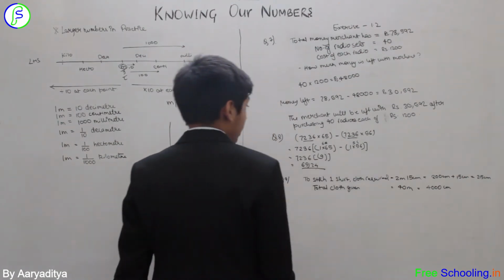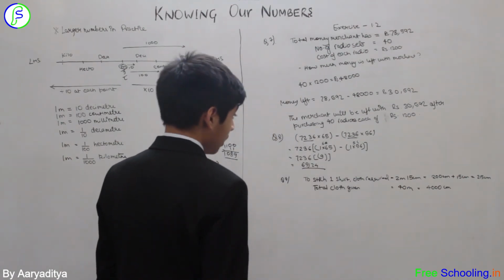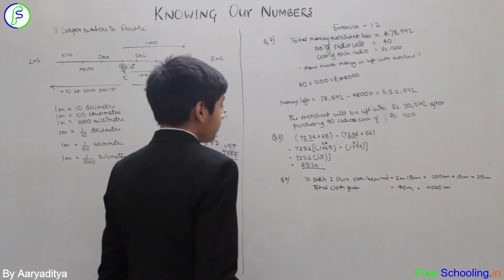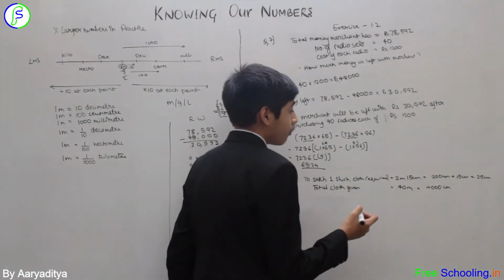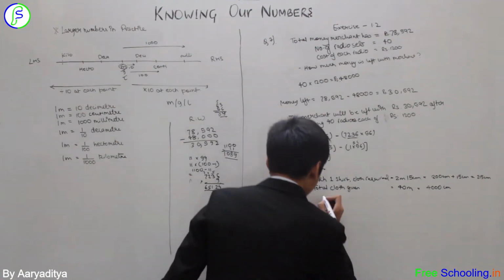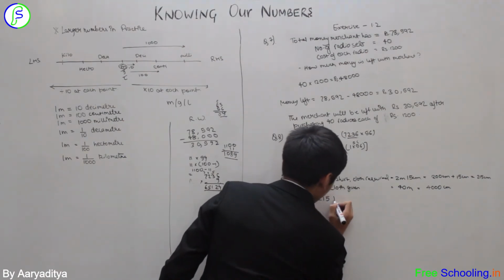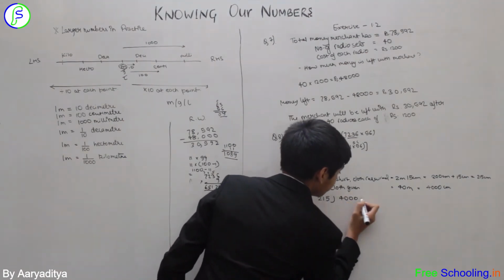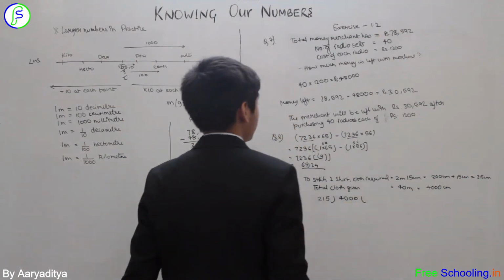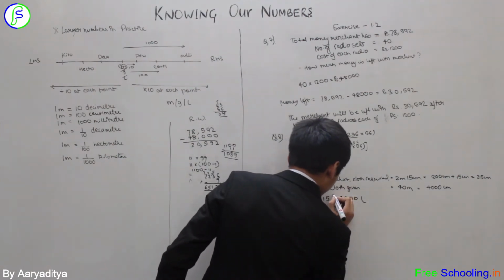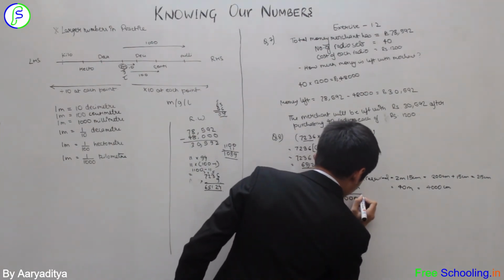Okay, spelling error done. So now to do this one, we need to divide 4000 by 215. So let's do this. 4000, right? And okay, let me make it more sophisticated. Line out here.